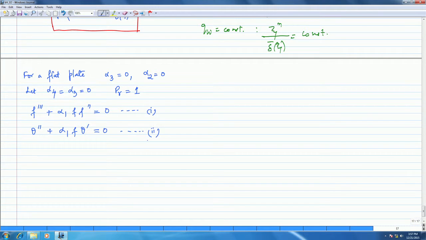Now, let us look at these two equations. This is from equation 4 and this is from equation 11. Now let us see what is the difference between these two equations.